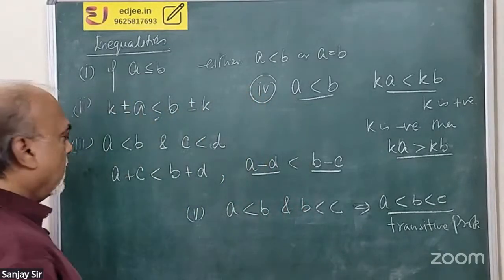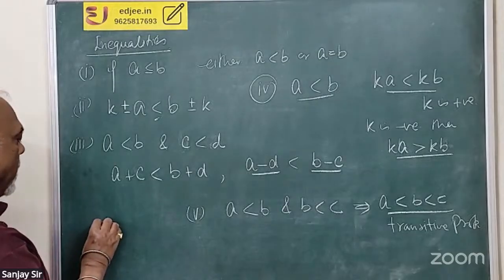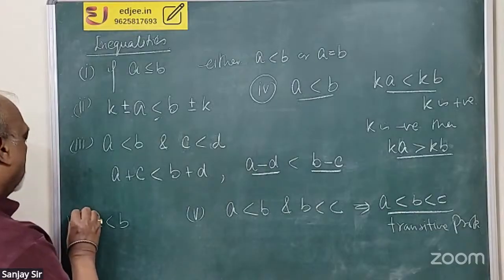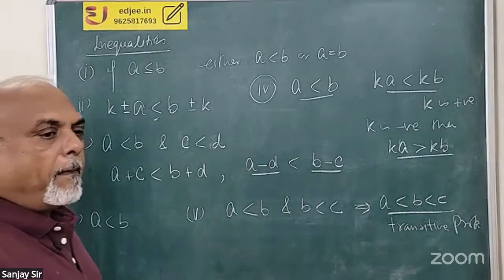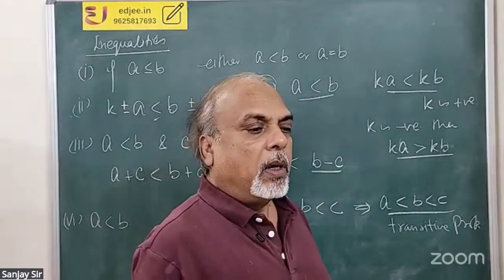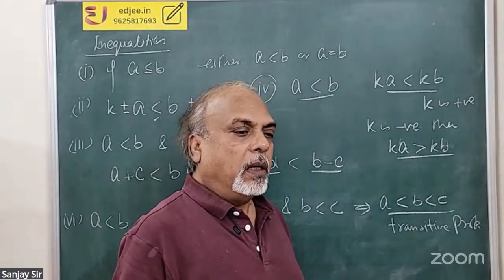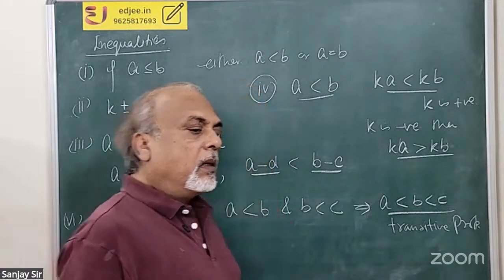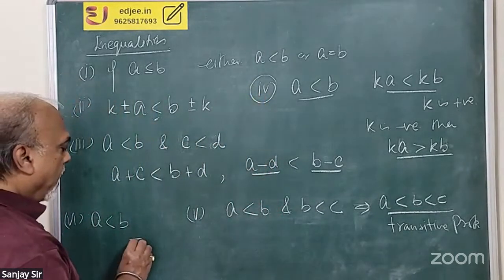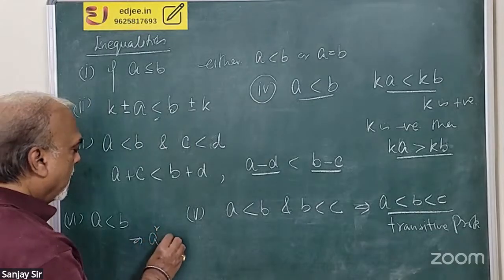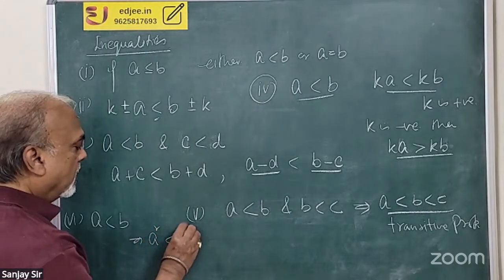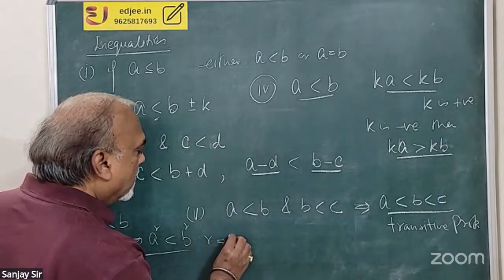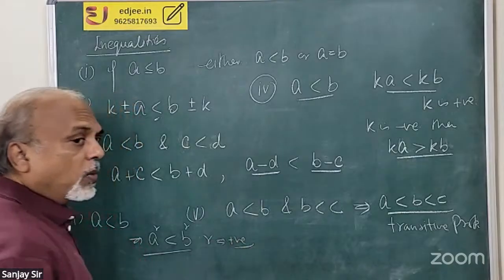One more thing is there. Suppose you have A less than B, then AR will be less than BR, provided R is positive.